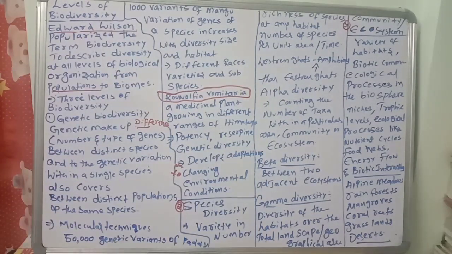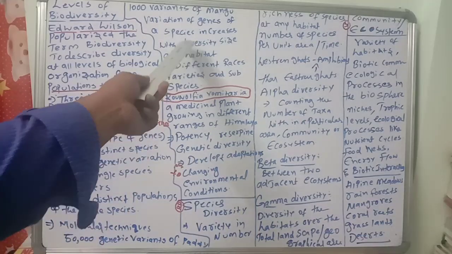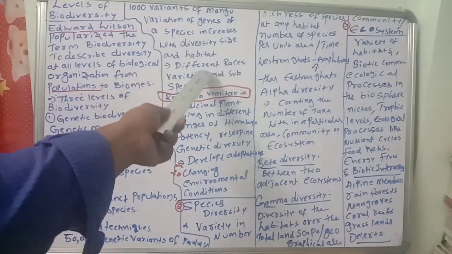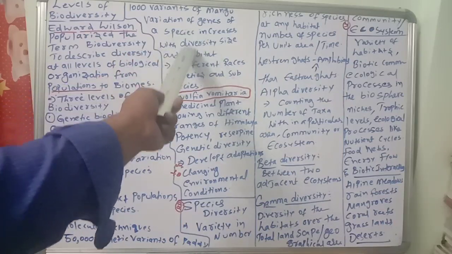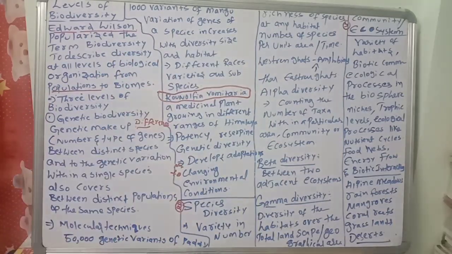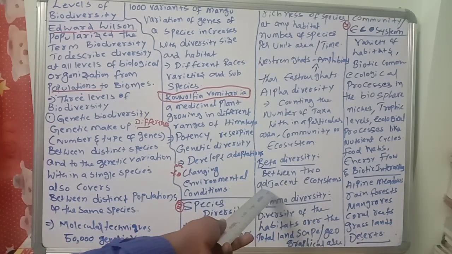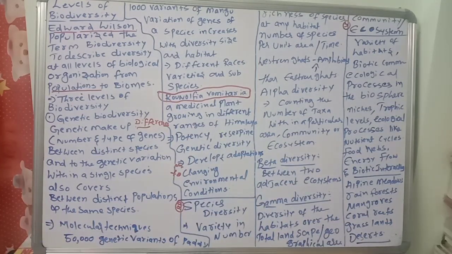Because of the species richness, species increase with the diversity, size and habitat. So what is beta diversity? The diversity between two adjacent ecosystems. What is gamma diversity? The diversity of the habitats over the total landscape.